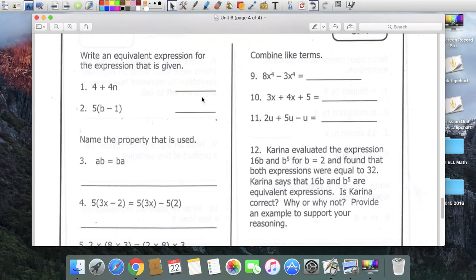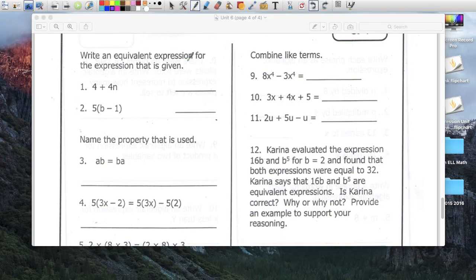Write an equivalent expression for the expression that's given. So this one, hopefully you still remember, distributive property, but we're going backwards here. Okay, so this one we want to make it look like this. So you can use the ladder method. 4 and 4n. All right, what number goes into both 4 and 4n?